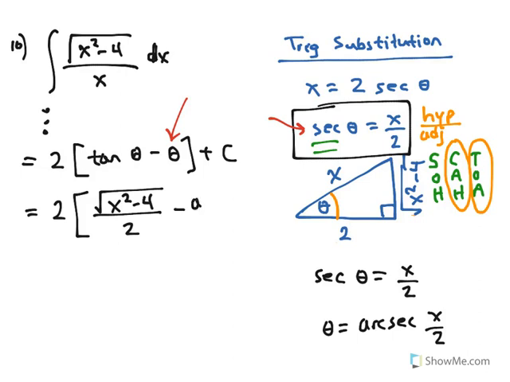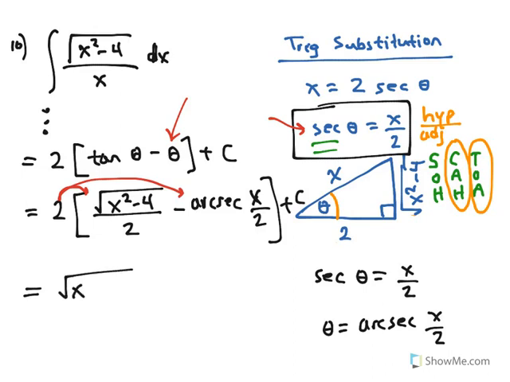So we have minus arc secant of x over 2. And for that reason, you could have different forms of the answer. And then you have plus c. Although not required, you could distribute the 2 to each of the 2 terms. And if you decide to do that, then your antiderivative in terms of x would be in this form.